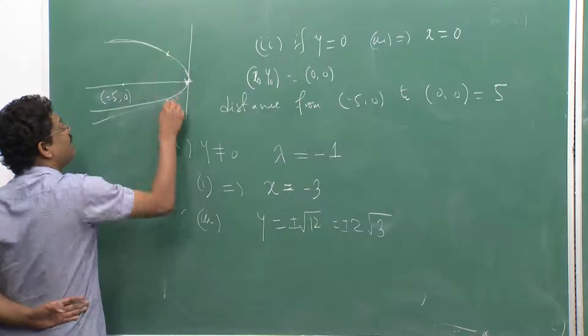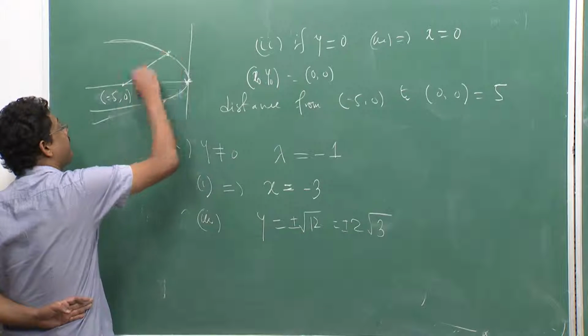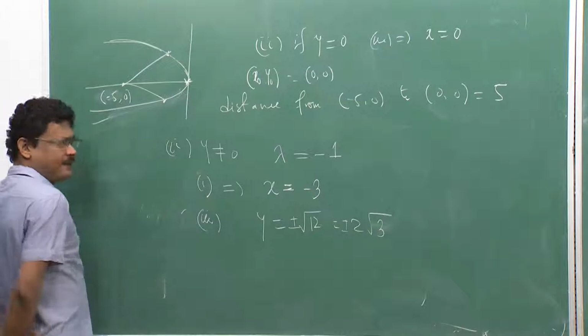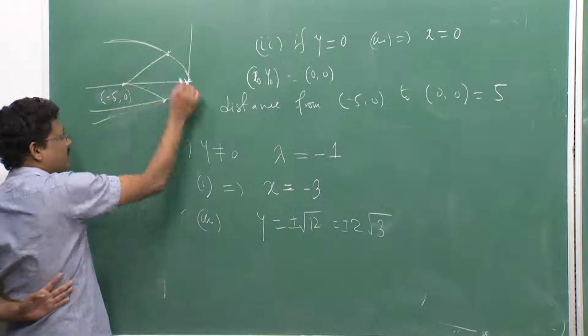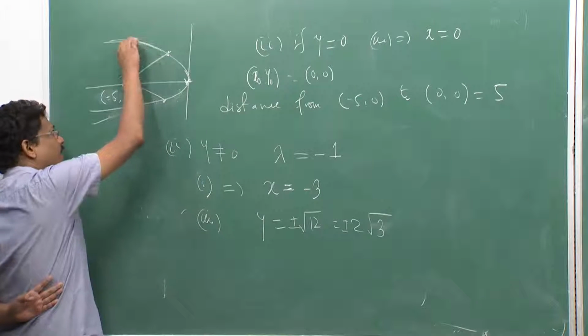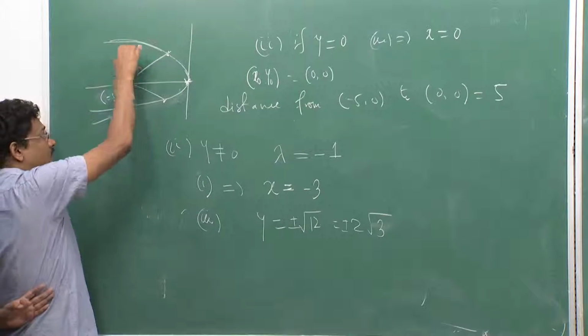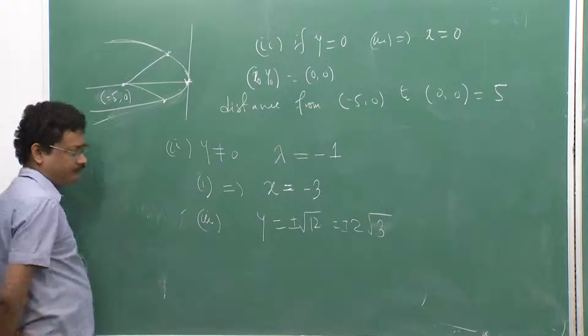So, one point here, one point here, and that is expected from the geometry because of symmetry. Any point here, there will be an equal distance point below.